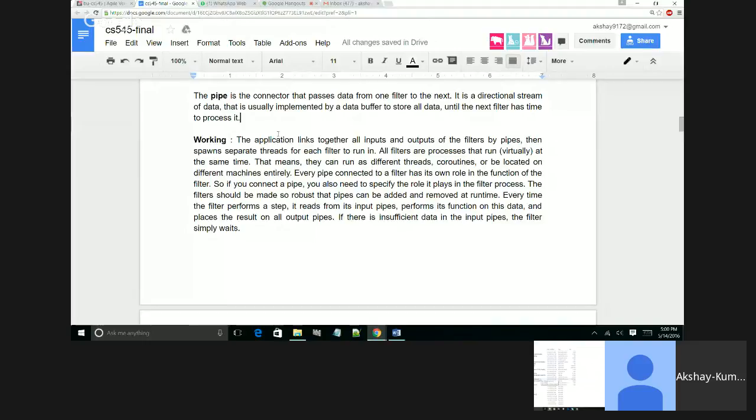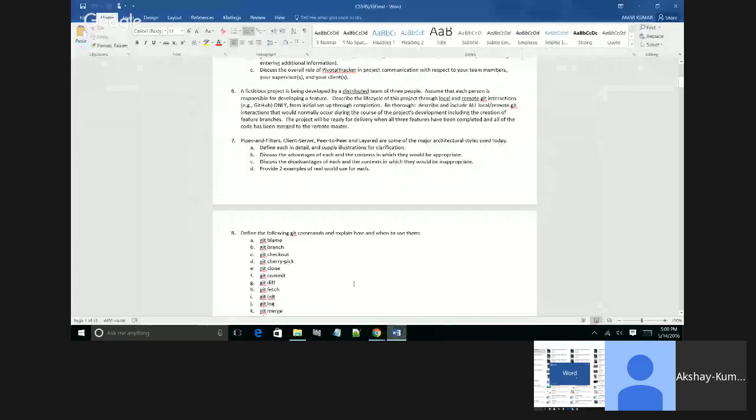Pratik, any comments? I don't think so. It's all right. The answer he wrote is okay. Raksha, yours? I think it's okay. I don't know about your question, I'm just verifying. Take your time, you can read the question. I'm going through this one right now. Define in detail, supply illustrations.